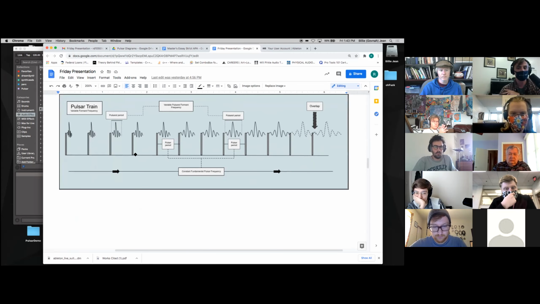So changing the frequency has an interesting effect. Let me scroll down here, where this is an example with an impulse train at a fixed fundamental frequency. The pulsar period always stays the same. But as the pulsaret gets lower in frequency, the width also gets longer. So the silence period gets shorter. They start to blend together. Pretty soon, they start to overlap. And some pulsar trains allow for that.